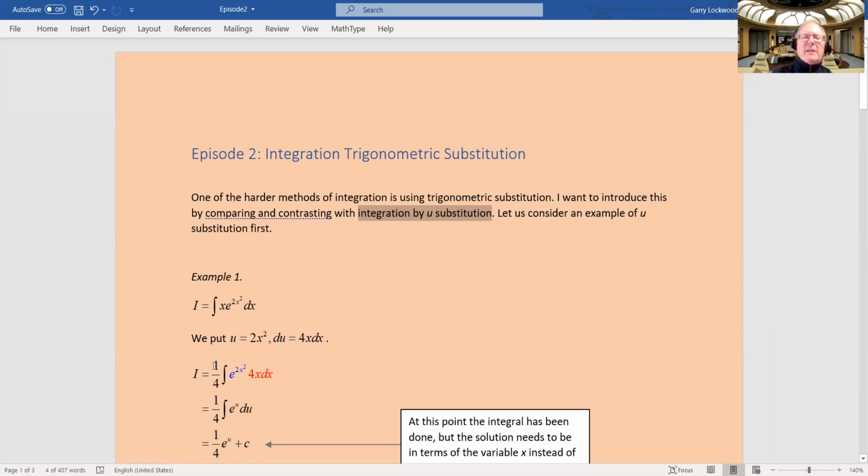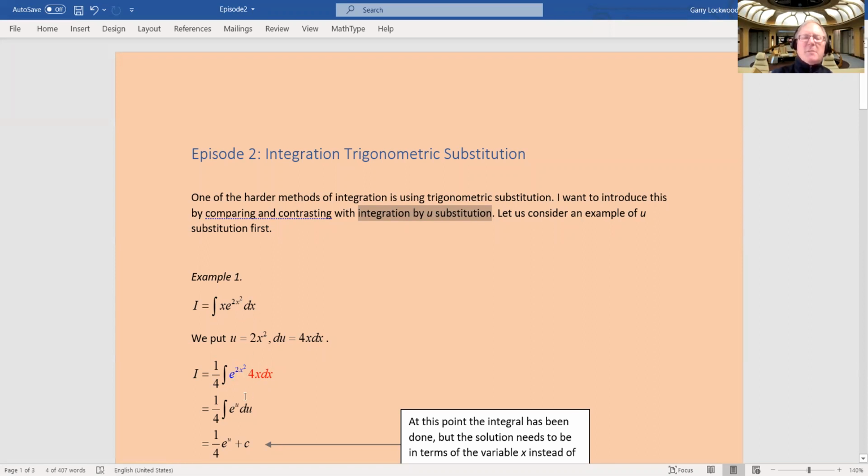And the 1/4 out the front, of course, is to keep it the same, because if I just put in the 4 and have the integral of e to the 2x squared times 4x dx, then it's no longer the same as this. But because I can move multiplicative constants in and out of my integral sign anytime I like, this is actually the same as this. And so I haven't changed it.